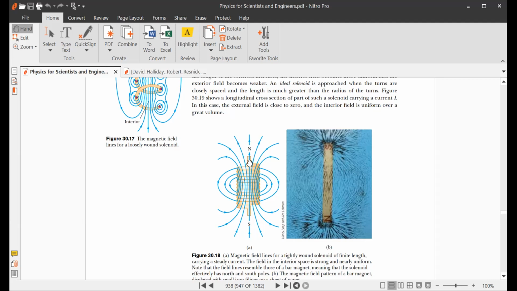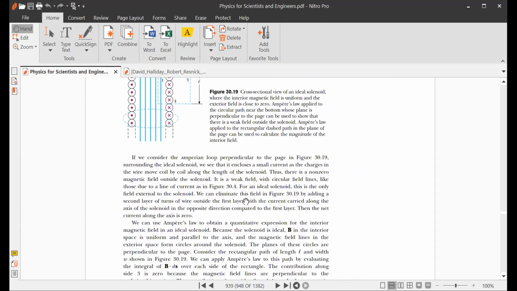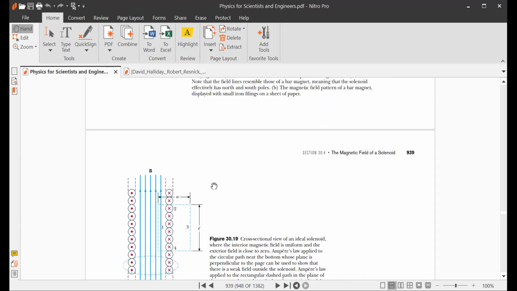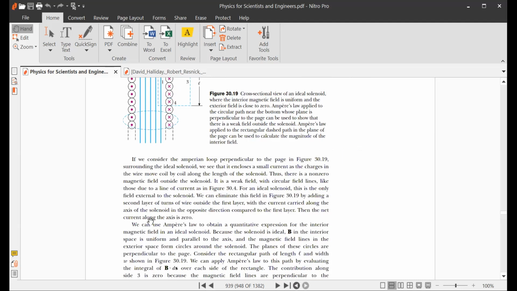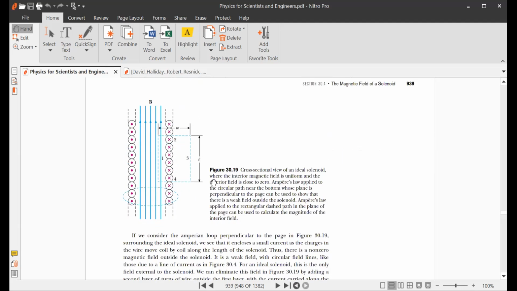So there is no leaking of the magnetic field outside. The magnetic field exists only inside the solenoid. Outside the solenoid it is zero, because there is no gap between the wire.